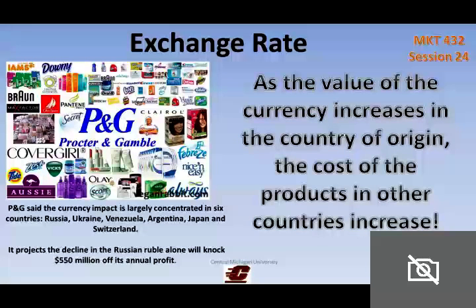Just as an example, the decline in the Russian ruble has taken almost $500 million, $550 million, off their annual profit. So the exchange rate does make a difference. Where you locate your supply chain network does make a difference, and it helps to offset the exchange rate.